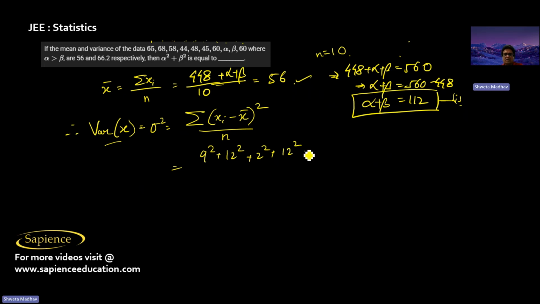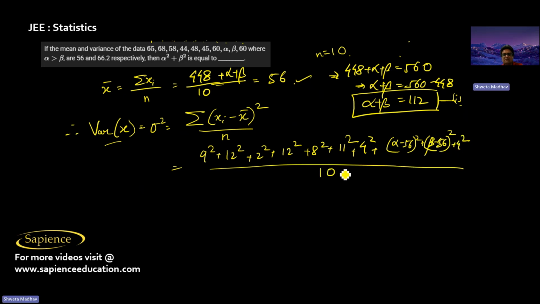Then 48 minus 56 that is 8 square. 45 minus 56 square so that is 11 square. 60 minus 56 that is 4 square plus this is alpha minus 56 whole square plus beta minus 56 whole square plus 4 square. That divided by 10 that is given as 66.2.